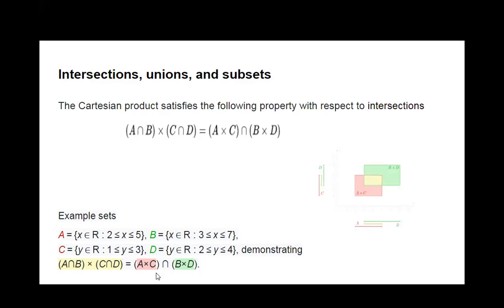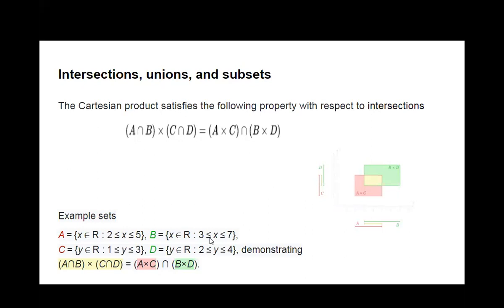Now, all of you write down the sets A, B, C, D. A is the set 2, 3, 4, 5. B is the set 3, 4, 5, 6, 7. C is the set 1, 2, 3.